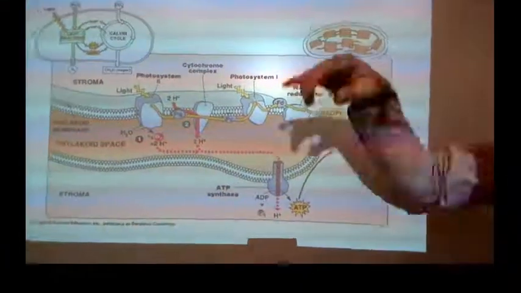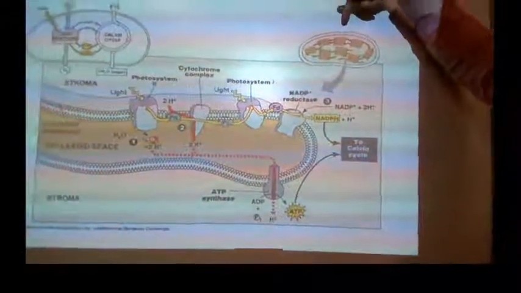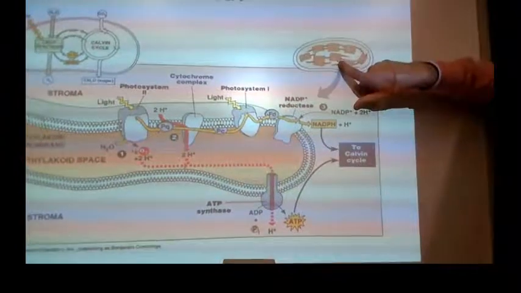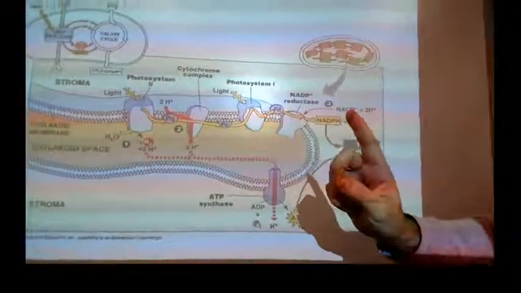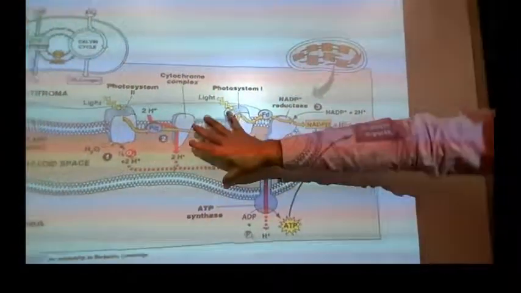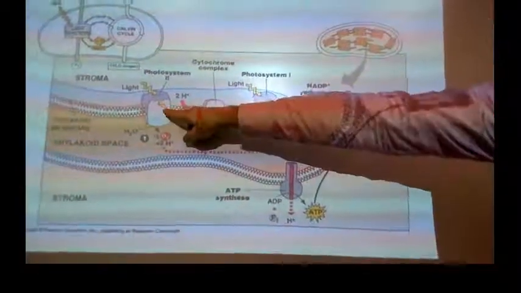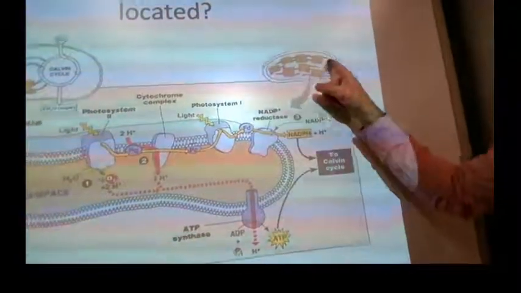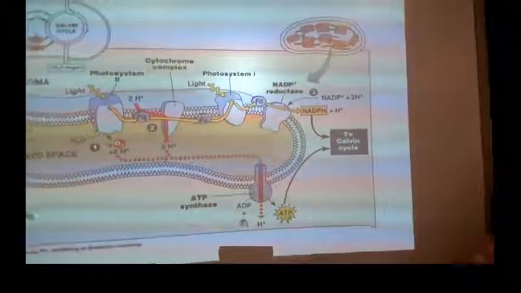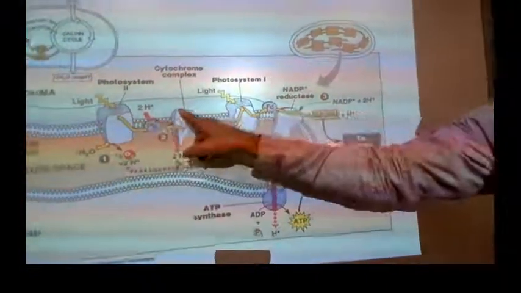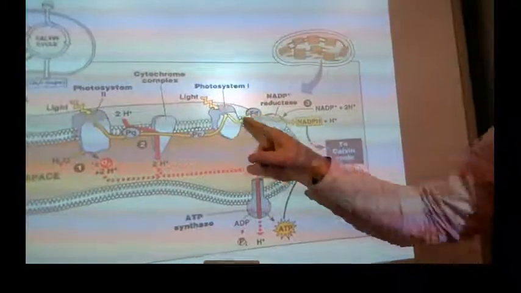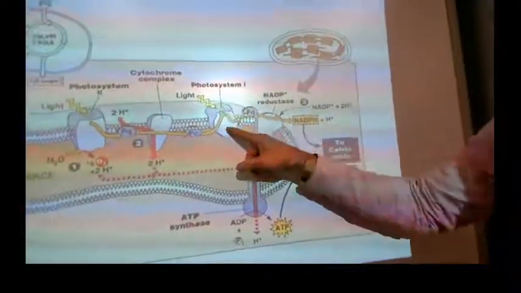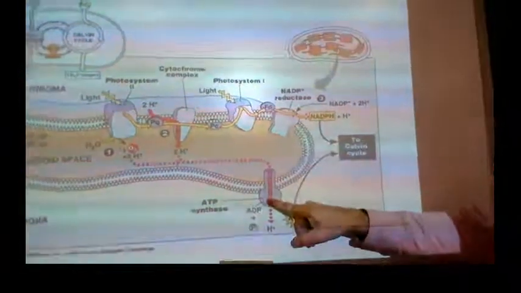Okay, so we have our chloroplast up here. We have our outer membrane and we have our inner membrane. We're zooming in on one portion of the inner membrane. So what you can imagine is that we have tons of these proteins all over this inner membrane. Some of which are embedded in the membrane, so we have integral proteins.